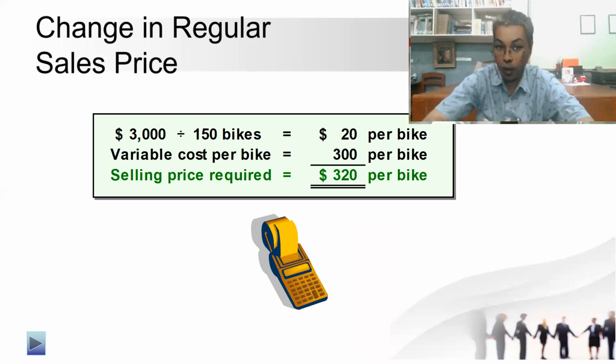That's why we have to divide. So per bike, we need $20 income. Variable cost per bike, 300 per bike. So 300 plus 20, that is the selling price required. Our selling price requirement would be 320 per bike.